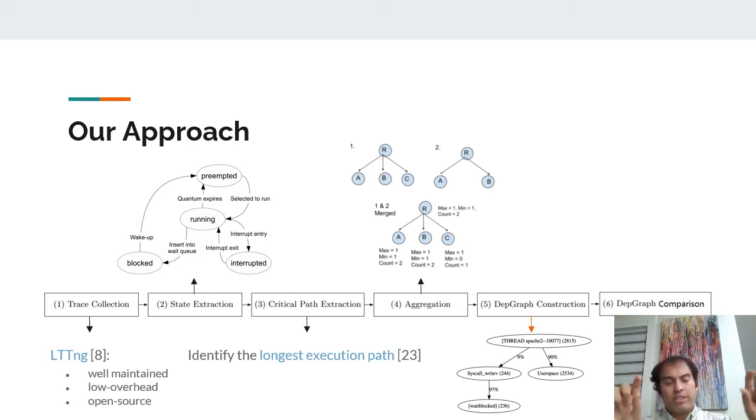For each group, we have one representative graph. By comparing them, we can figure out what is specific to this group, what is specific to this execution. The result of that comparison can show us what's wrong with this slow request, with this slow execution.